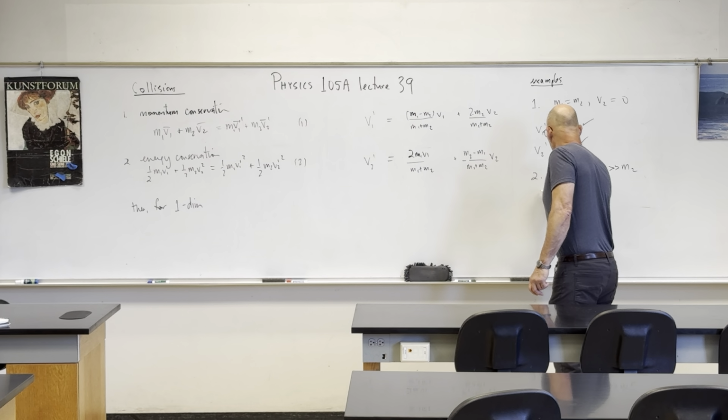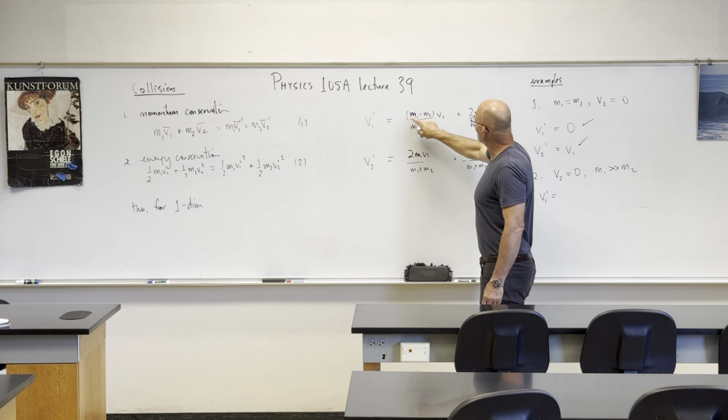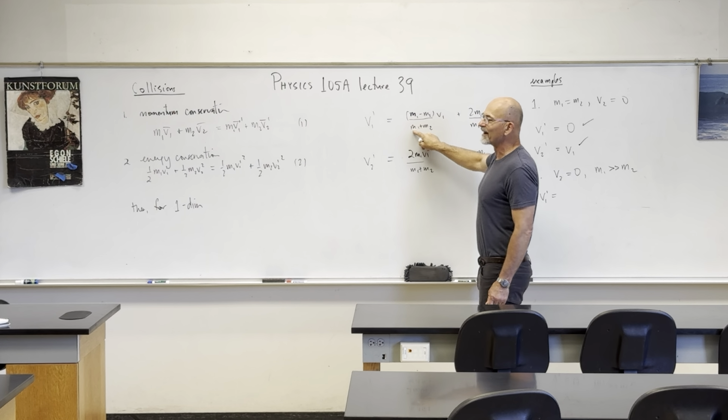Now we're going back to v1 prime and v2 prime. So v2 is 0, this term is gone. m1 is much greater than m2, so this is essentially m1 over m1.